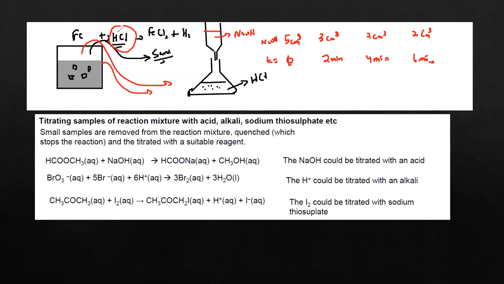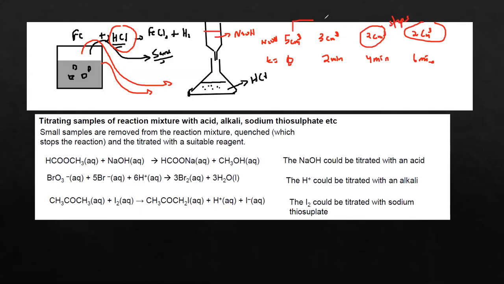That's why only 3 cm cube is required after 2 minutes. Then after another 2 minutes, a 4 minute interval compared to the start of the experiment, you need 2 cm cube of sodium hydroxide, and at the last you need the same amount. So it shows that the reaction stopped, the amount of hydrochloric acid is not changing.